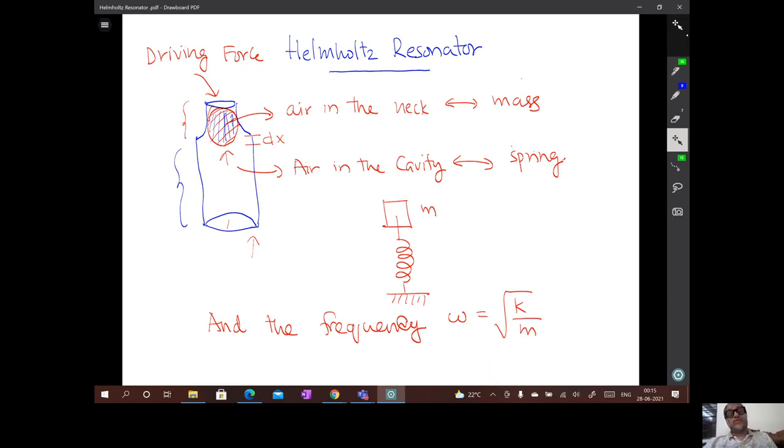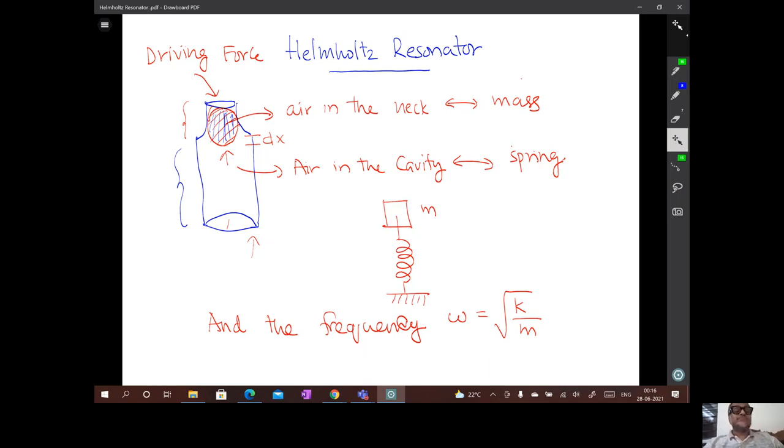Okay, so when you take a bottle like this and you are modeling the Helmholtz resonator, you see that you have two parts. One is the neck, and another one is this cylindrical air cavity, right? So these two parts have to be distinguished separately.